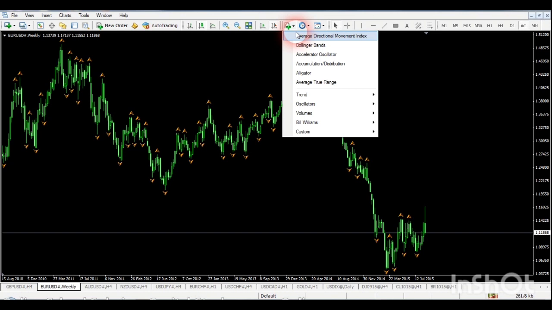I've copied and pasted them for you. It's in your CD files. This indicator is called T2 and T3. It's 80% precise in announcing the entry and exit points. But this indicator also has errors.